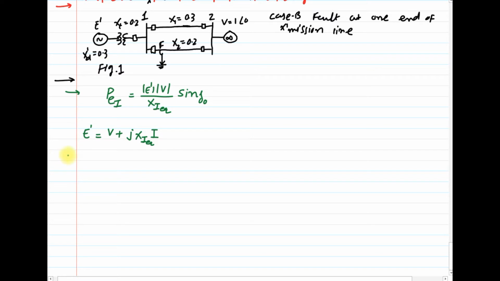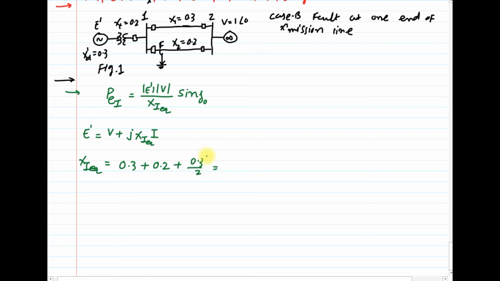So this is the transfer reactance between the internal voltage of the synchronous machine and the infinite bus. Let's say X1 equivalent is equal to 0.3 of Xd dash plus 0.2 of Xt plus the parallel combination of the transmission line, which is 0.3 by 2.